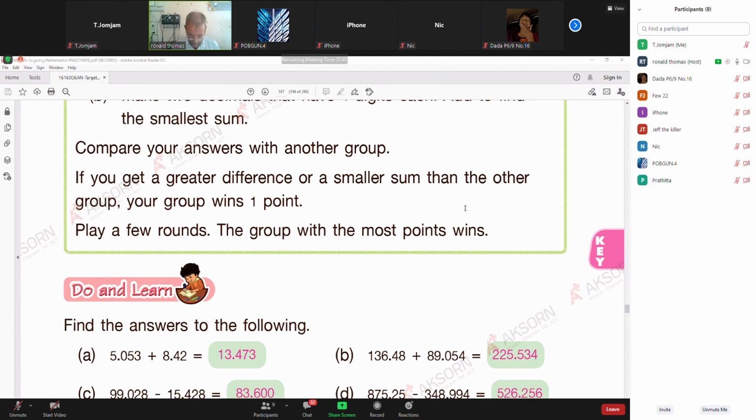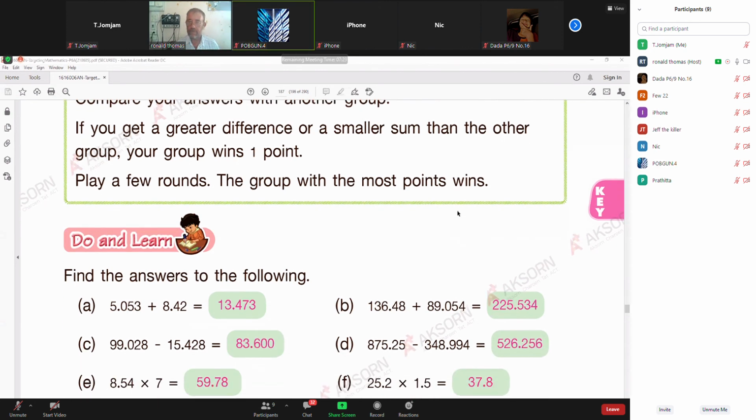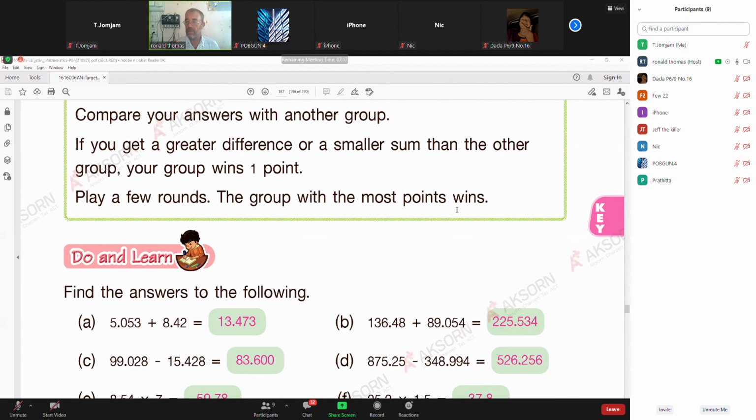Okay, who've we got? Pop gun. Are you ready, Pop gun? Yes. Answer F. 25.2 multiplied by 1.5. What have you got, please? 37.8. Well done. Thank you very much.